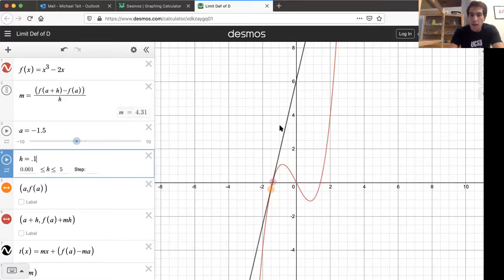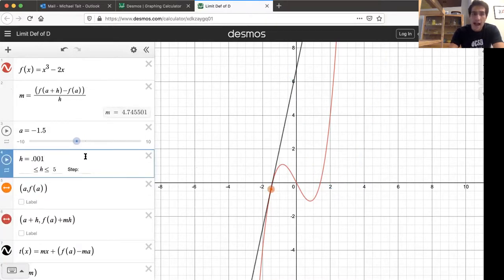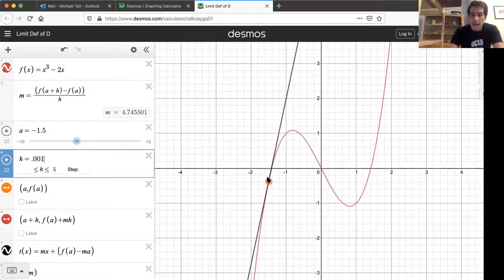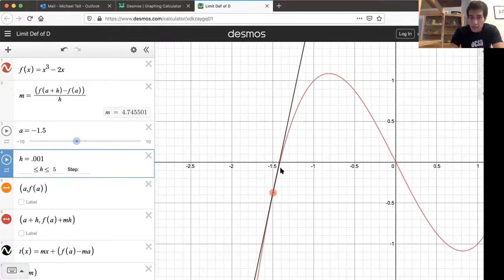If I make it 0.1, the slope of this line is the average velocity over the interval of length 0.1. If I make it really small, 0.001, then the average velocity over that time is the slope of this line between these 2 points. And if I zoom in here, it looks like this slope is approaching the tangent line to this curve. That's actually how we define the tangent line.